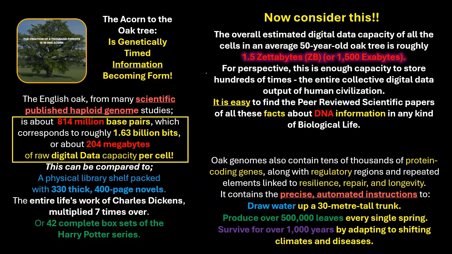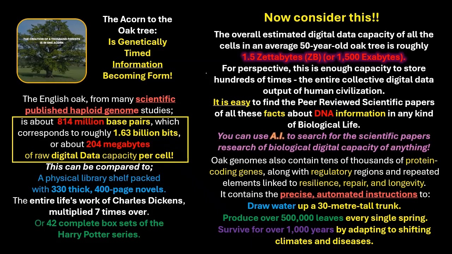And it's easy to find the peer-reviewed scientific papers of all these facts about DNA information in any kind of biological life, but not many people go that deep. You can use AI to find the scientific papers and search out the research of the biological digital capacity of anything biological. Absolutely anything. And it's all absolutely mind-blowing.